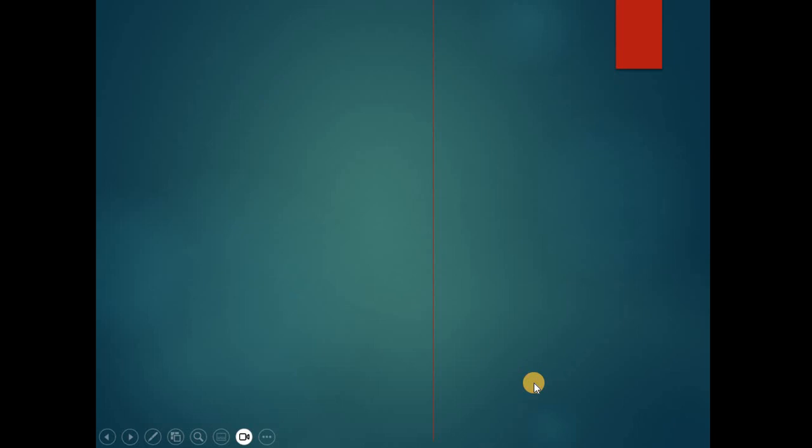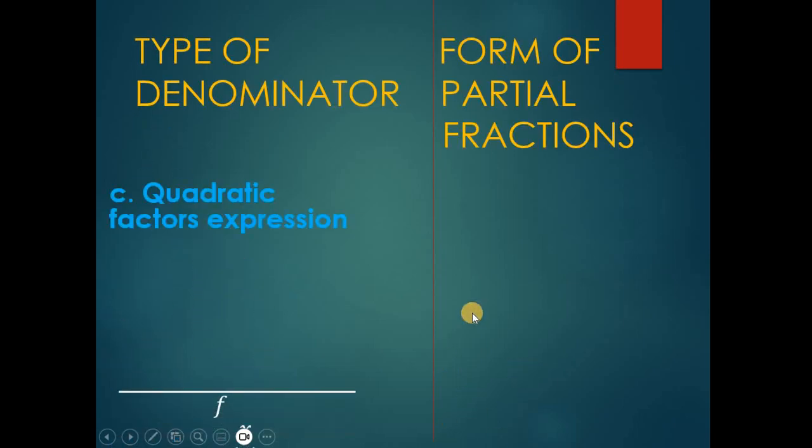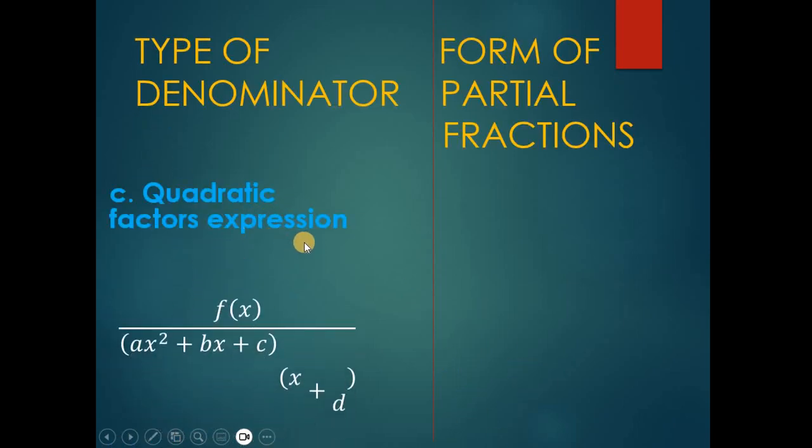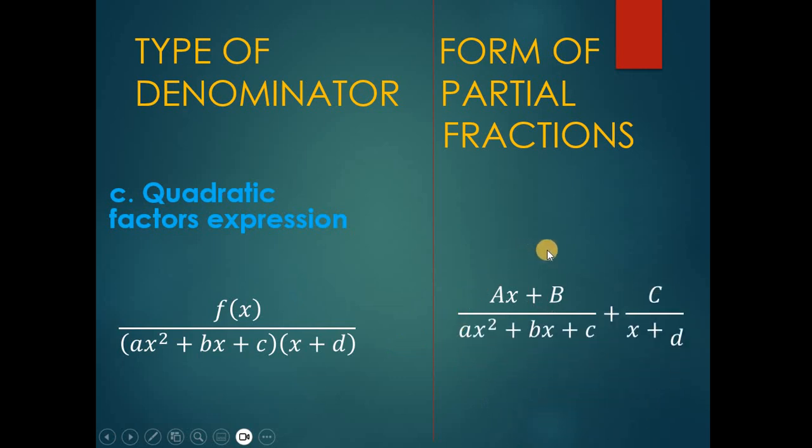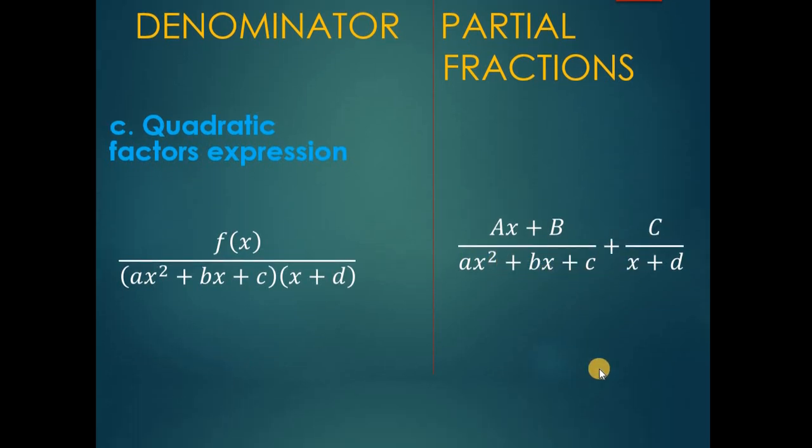And finally, if the denominator is a quadratic factors expression of the form f of x over ax squared plus bx plus c into x plus d, we are going to have partial fractions of the form Ax plus B over ax squared plus bx plus c plus C over x plus d.